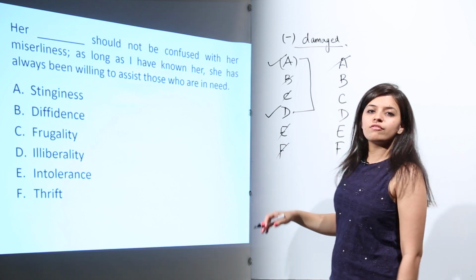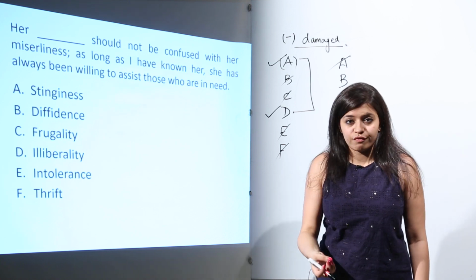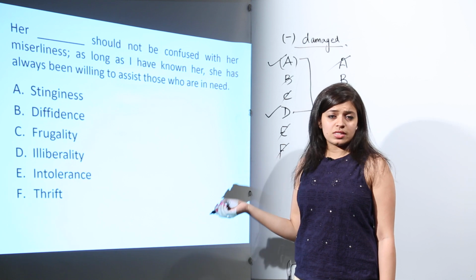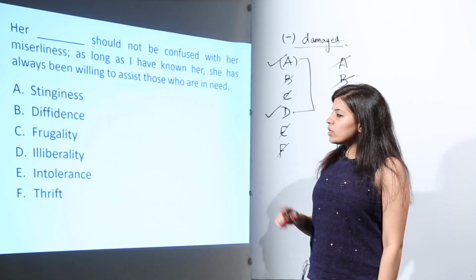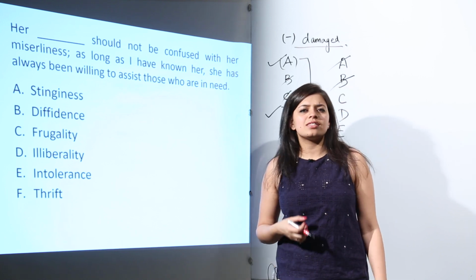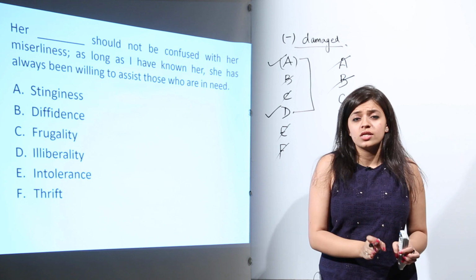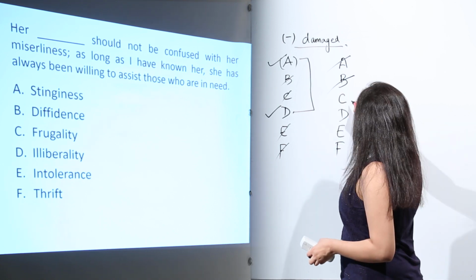Diffidence. What is the meaning of diffidence? Diffidence means someone who lacks self-confidence. Now there is no mention of any self-confidence in this sentence, so we can cross out diffidence. Frugality. What is frugality? Frugality means spending money wisely, thinking and spending money only on those things which are actually required. So we can say that yes, frugality can be a part of it.